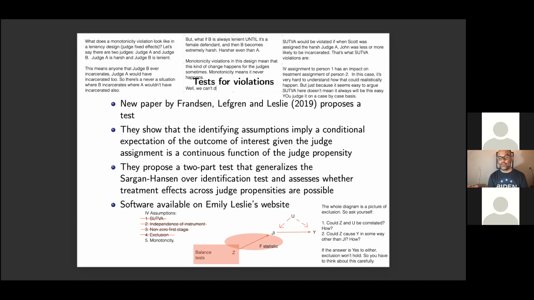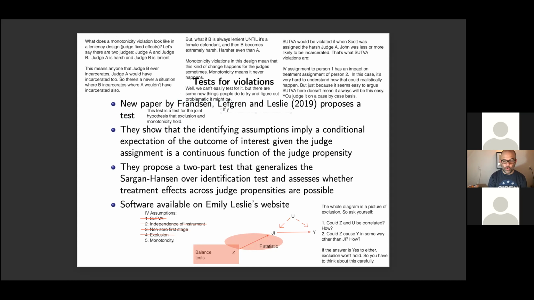Well, we can't easily test for it, but there are some new things people do to try and figure out how problematic it might be, right? And one of them is this paper by Frandsen, Lefgren, and Leslie. They propose a test. This test is a test for the joint hypothesis that exclusion and monotonicity hold.